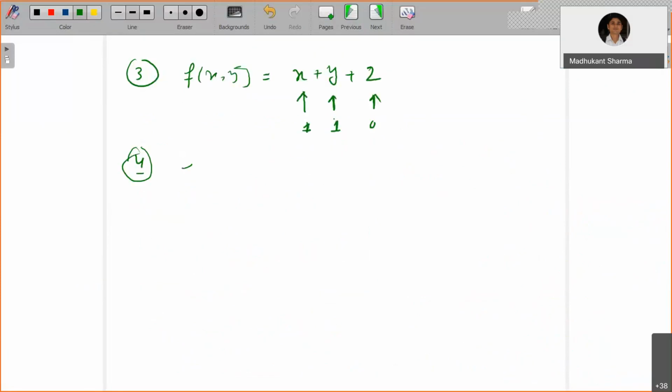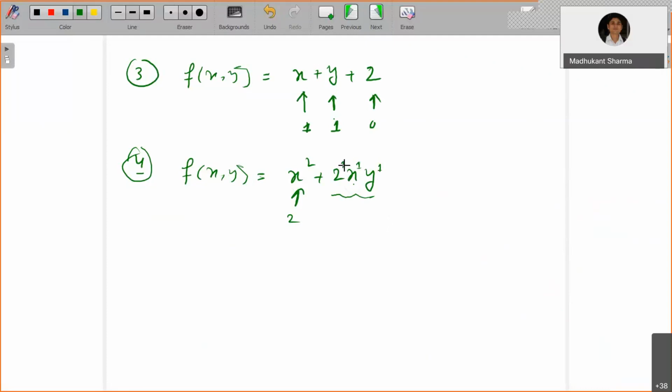Let's say f of x comma y is equal to x square plus 2 times xy. Okay, let me take this. Now what will you do? Here you can see the first term is of degree 2. For the second term, you have three things in the product, 2 into x into y. So x into y is of degree 2, because you have to sum the indices when you have the variables.